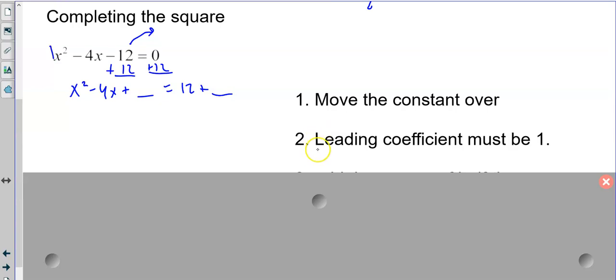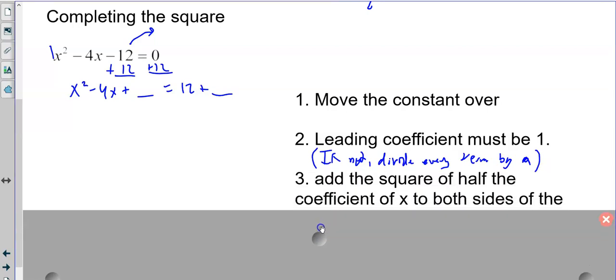If it is not 1, then you need to divide every term by a, whatever the leading coefficient is. We call that the a value. If it was 2x squared, we would divide every term by 2. For this method to work, you need that leading coefficient to be 1, so you would divide first.